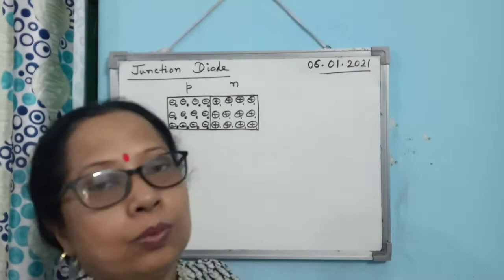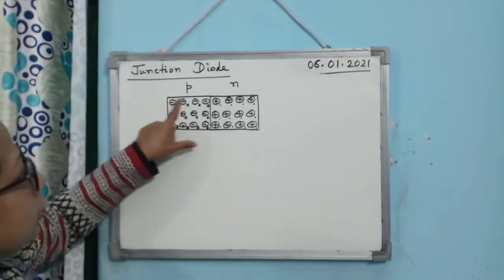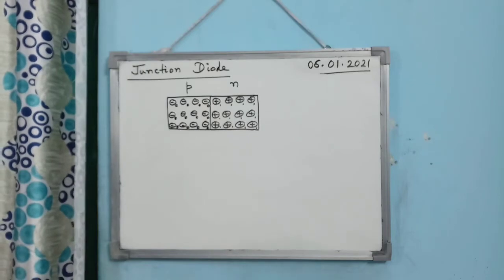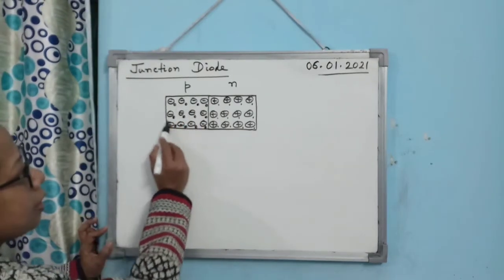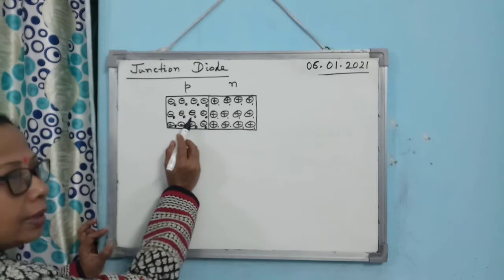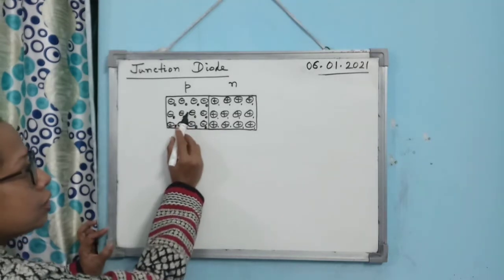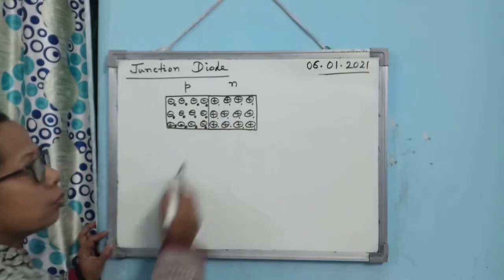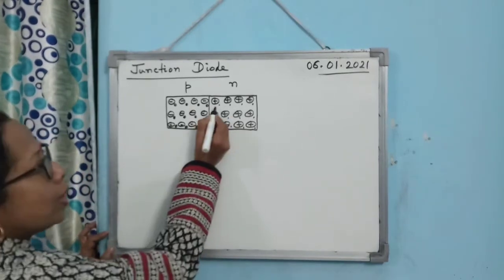Alright. Now, the moment you are joining the P and N type semiconductor together, you see what will happen. Holes are the majority charge carriers in the P region. The concentration of holes is more in the P region, whereas the concentration of electrons is more in the N region. So what will happen?